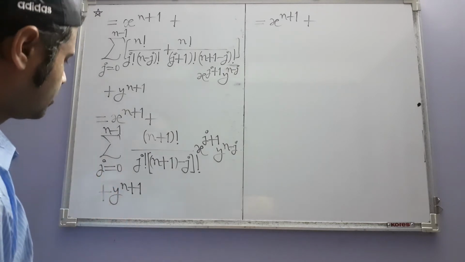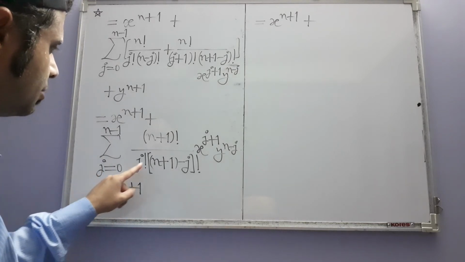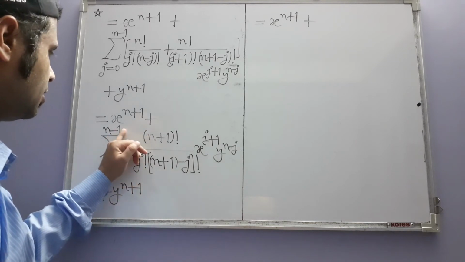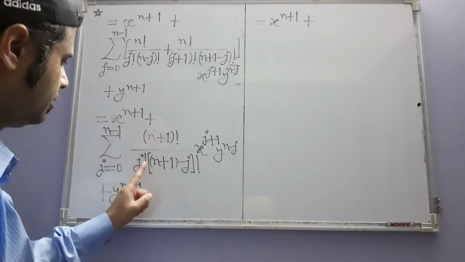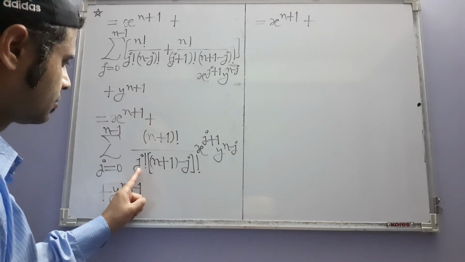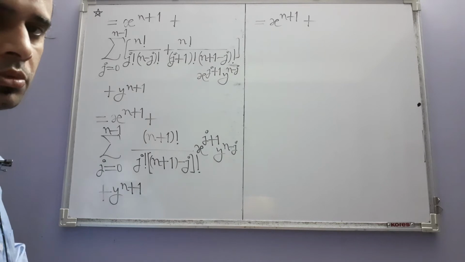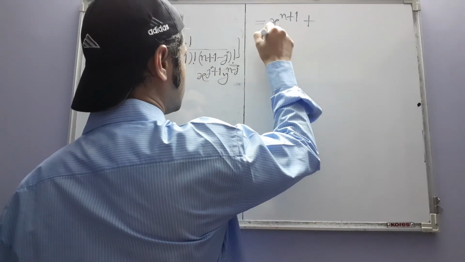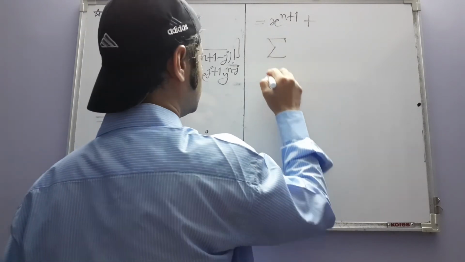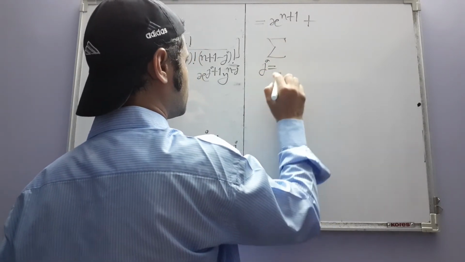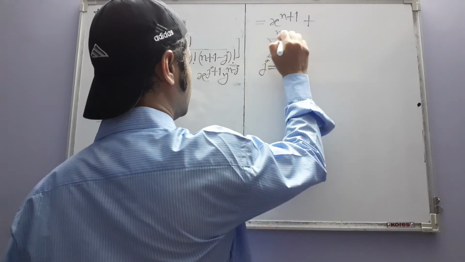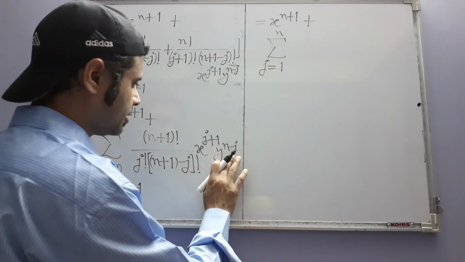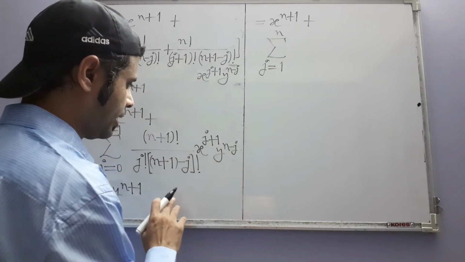So now our series will change to a series where the lower limit will be 1, upper limit will be n, and here we have to subtract 1 from j to compensate for that. So one to n, and in place of j, simply putting in place of j, we are now going to write j minus 1.